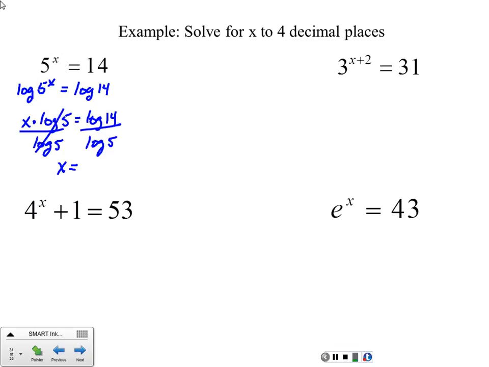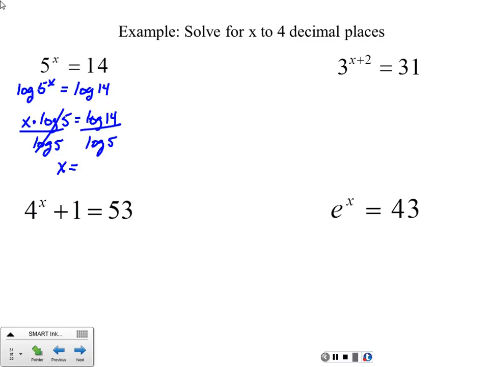Do you know how to find the log of 14? Your handy dandy calculator. We just learned how to do this, okay? Log 14 divided by log 5. Word of caution, use parentheses.